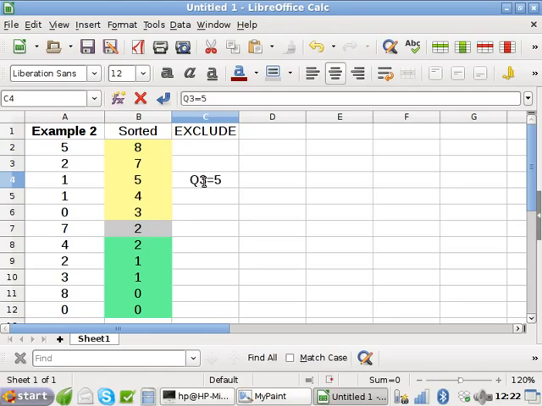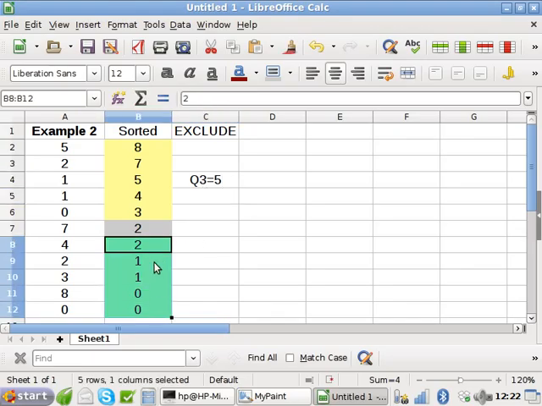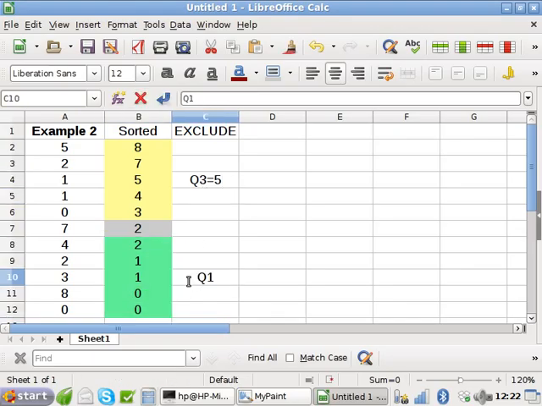That's equal to 5. And then the lower quartile, Q1, would be 1. And here the median, which is Q2, is equal to 2. So, if you use this method, please say in your answer you're using the excluding median method. You exclude the median from the 2 halves.